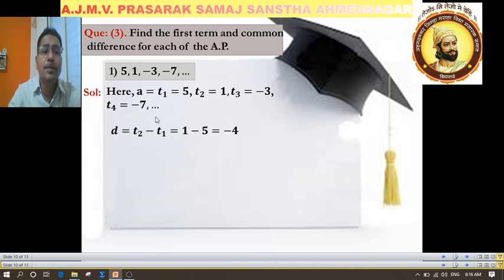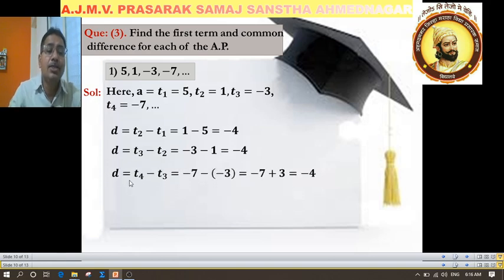Also the difference between t3 and t2, that is d is equal to t3 minus t2, which is minus 3 minus 1, minus 4, which is also minus 4. d is equal to t4 minus t3, which is minus 7 minus (minus 3), which is equal to minus 7 plus 3, which is equal to minus 4.